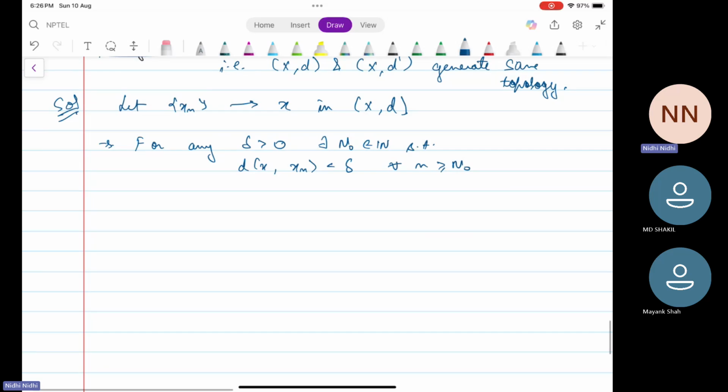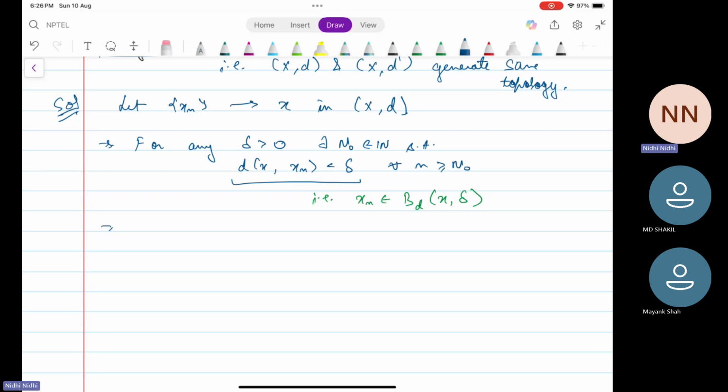That means x_n belongs to the ball with respect to metric d around x with radius delta.